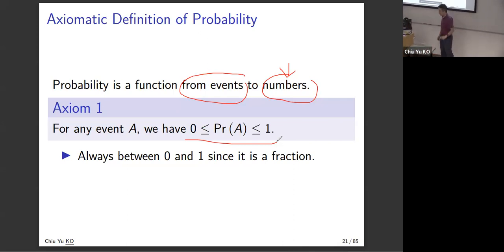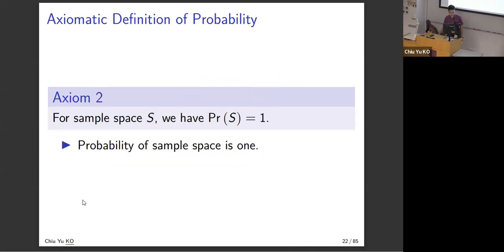The second one is also very natural. Axiom 2: you give me the sample space, I'll tell you 1. Very simple, right? Because it means that I know everything about the random experiment, and there's nothing I don't know.